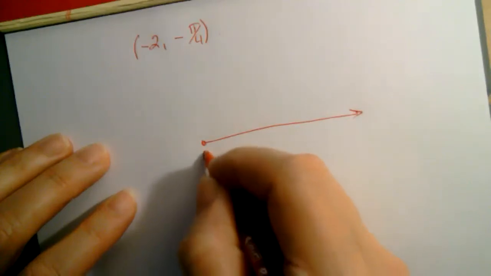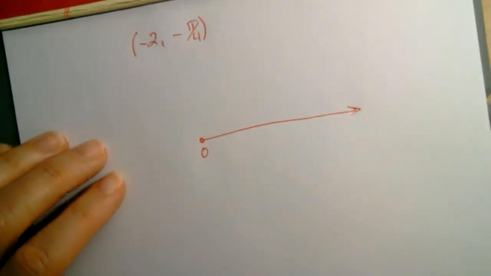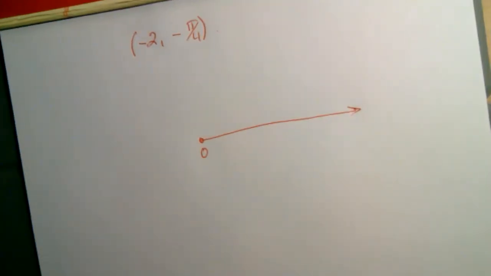Okay. So let me put, for example, the minus 2, minus pi over 4. Okay, I will draw it, but I don't want to draw it yet. I will ask you, in which quadrant do you think this point would be? So I give you a minute to think about it, and I would like you to tell me in which quadrant this would be.